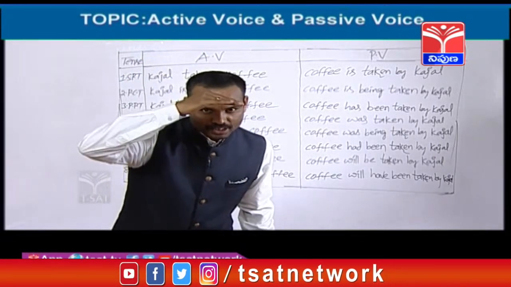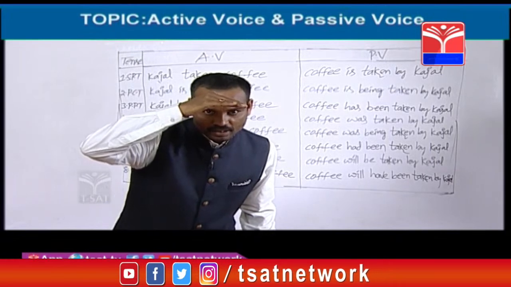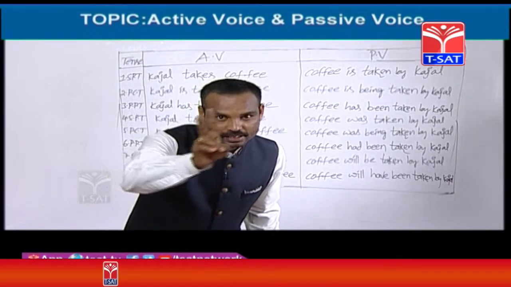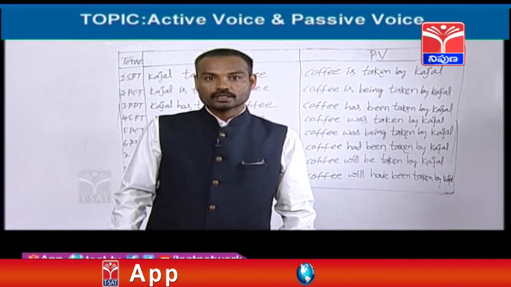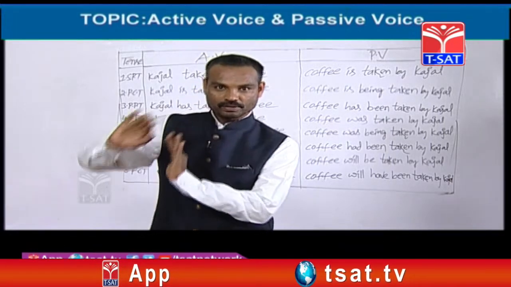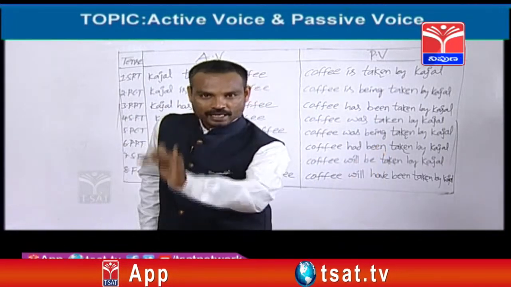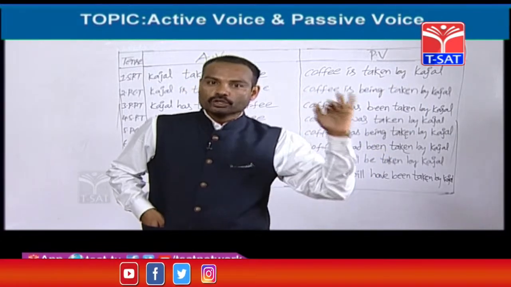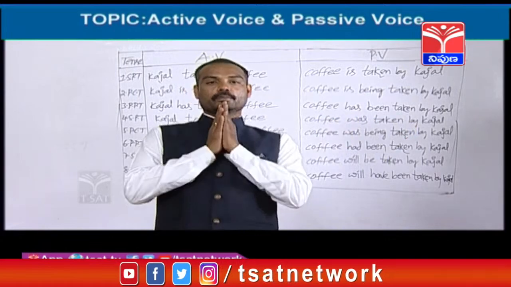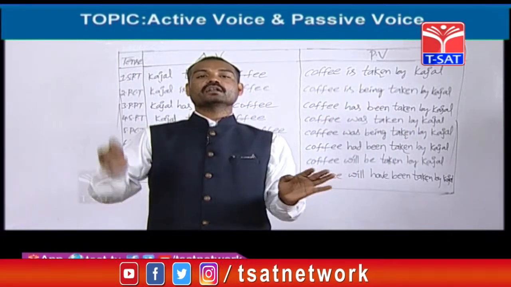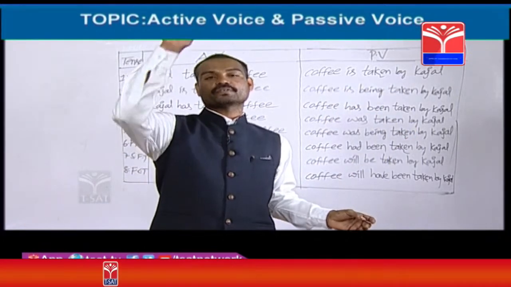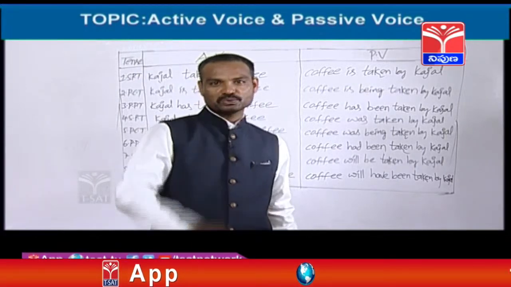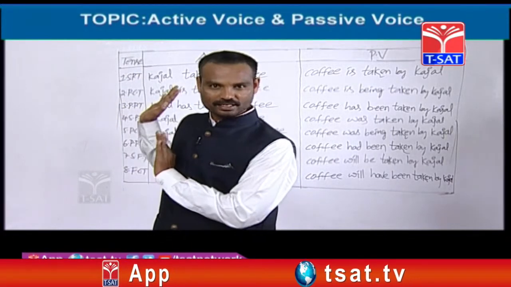Only for two tenses passive voices are available. One is simple future, and another one is future perfect. There are no passive voices for future continuous and future perfect continuous tense.